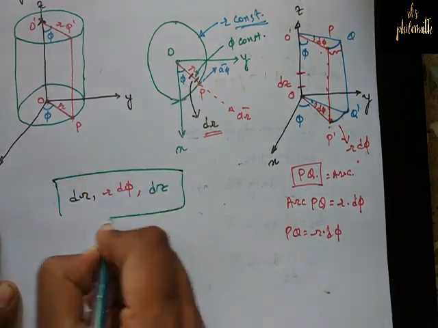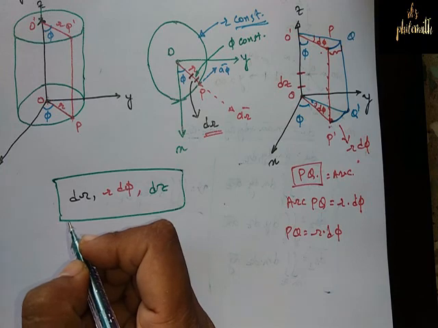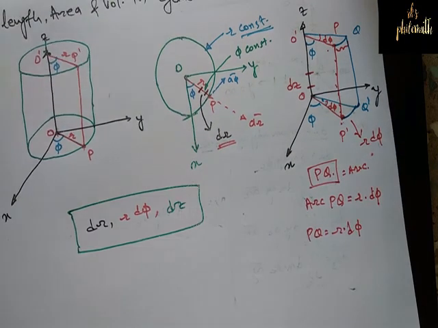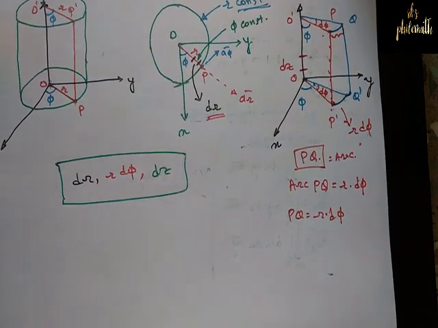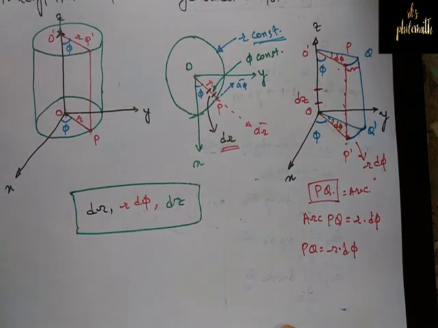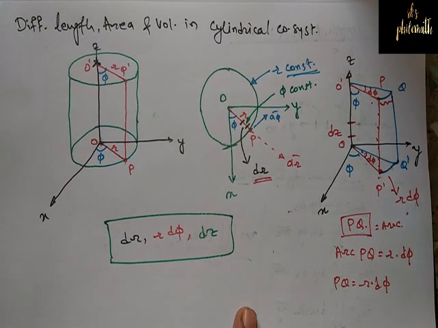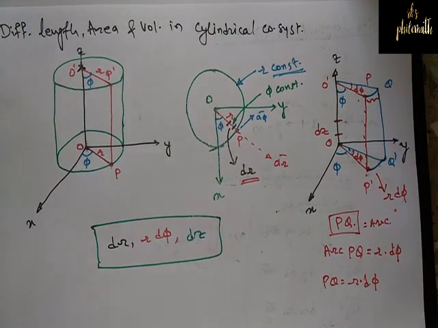So this is the differential length in the cylindrical coordinate system.